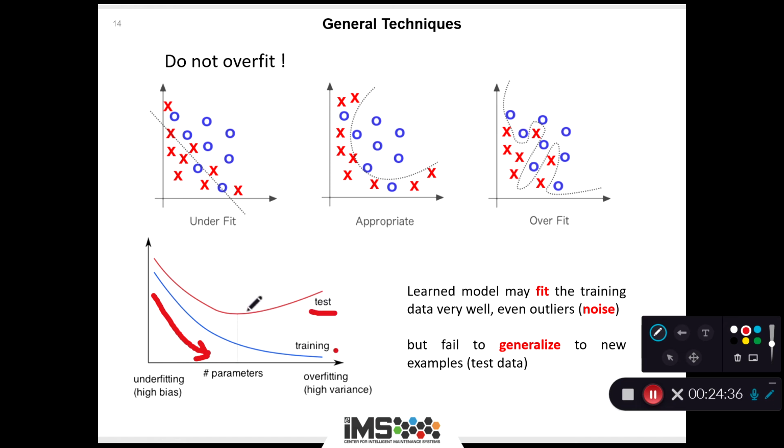So there should be an optimal range where the test loss will also be very small. But if we overfit the training data, in the late stage the testing error will be very high. That means we overfit the training data and it cannot be well generalized to the testing data.